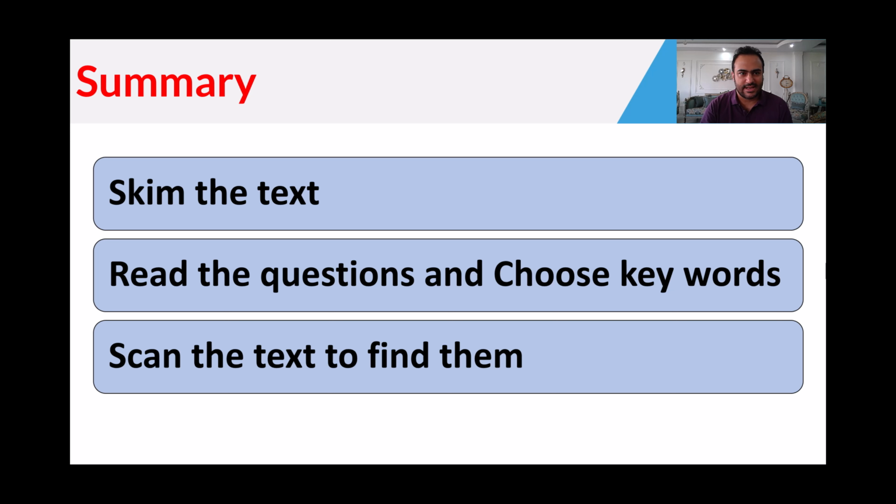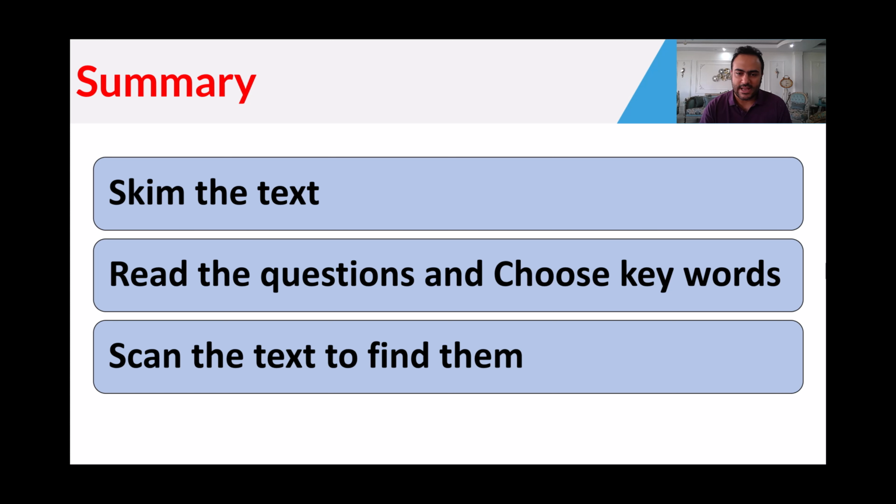So let's have a review over the things that we have discussed. First, we skim the text, read the questions because we need to read them to find the keywords, our target words that we want to search for within the passage. And then we scan the text to find those keywords, their synonyms, or maybe the examples of them within the passage.